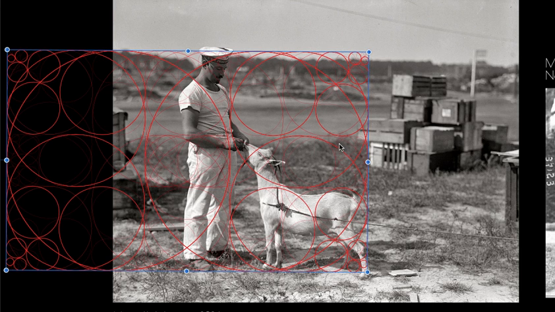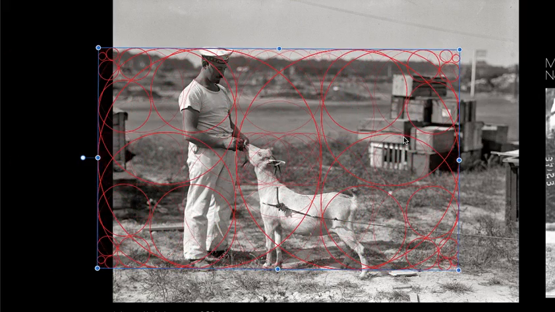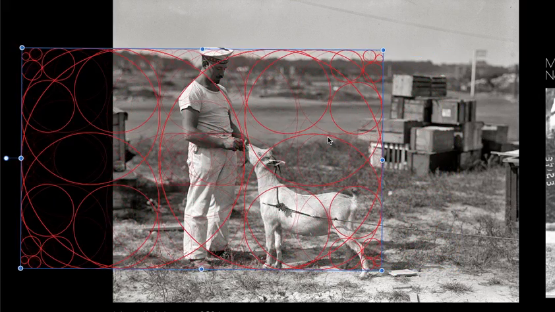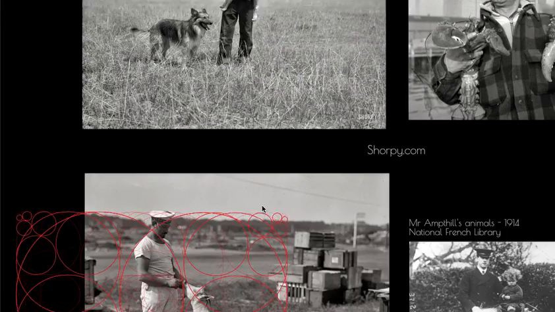If its head's down, it would be somewhere here. So yeah, then again, the man and the goat are very similar. Same as this relationship, the man and the dog.